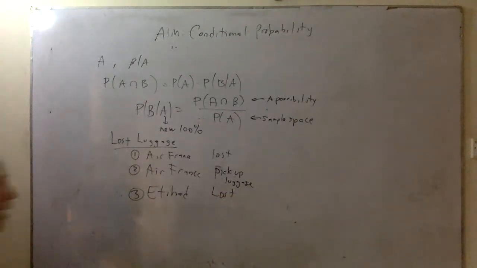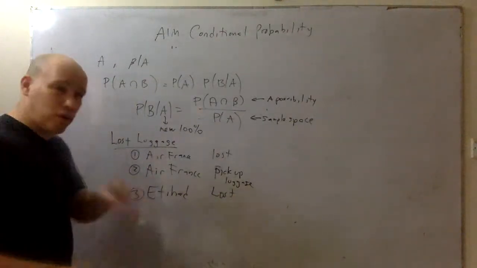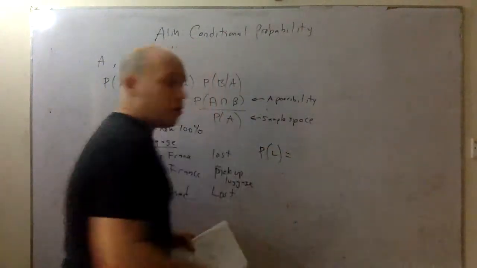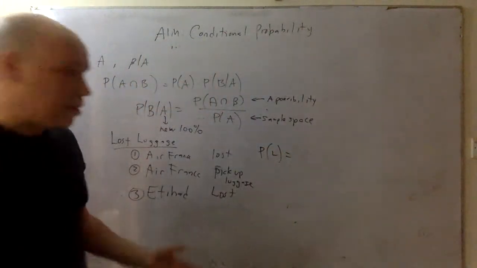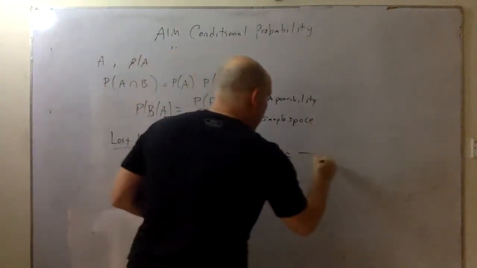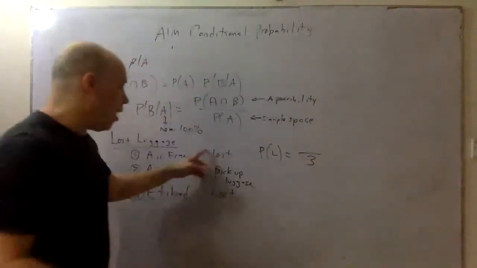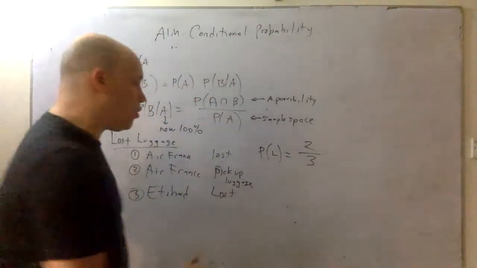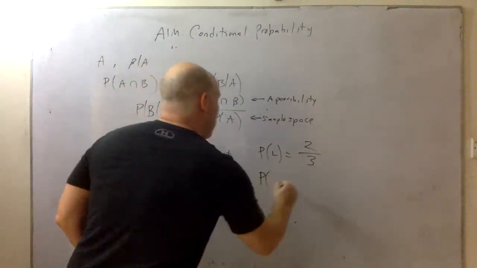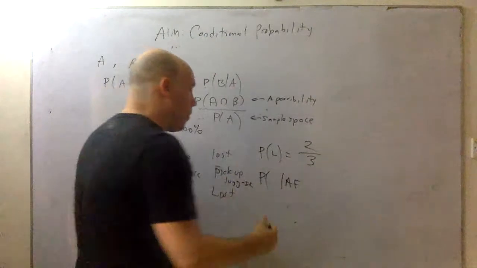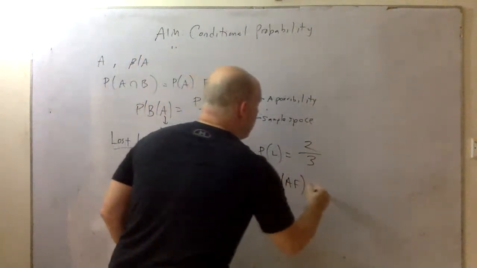So the first question is, what is the probability that you lost your luggage? And you say, okay, there are three incidences, and I lost it twice. Now I'm going to change the question to, given that you flew Air France, what is the probability that you lost your luggage?